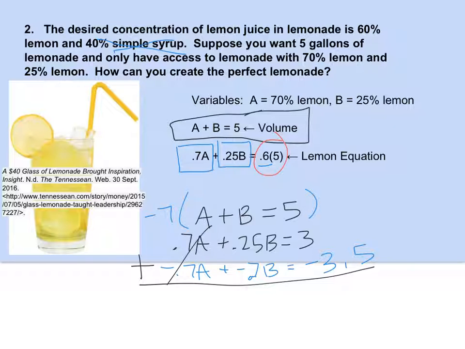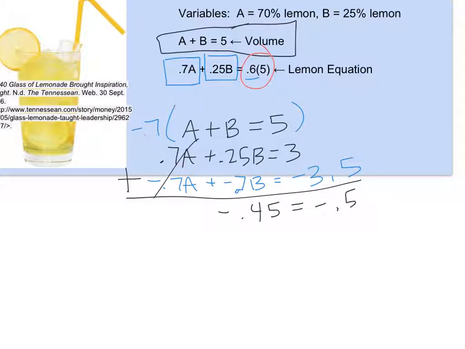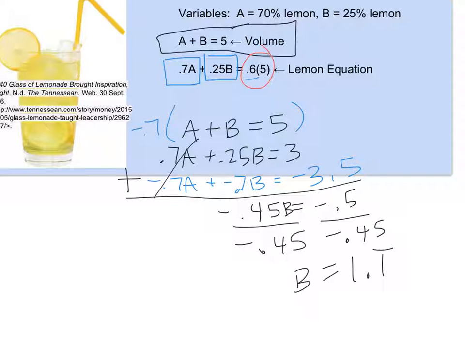Adding these two together, I get negative 0.45B, and this is negative a half, negative 0.5. So I'm going to divide both sides by negative 0.45. And you get 1.1 repeating gallons.